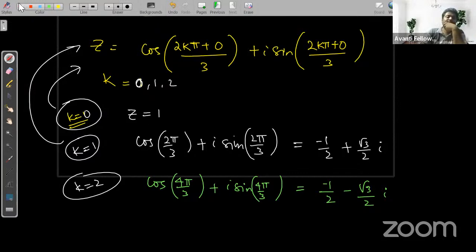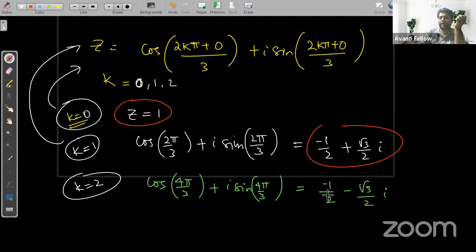Now you got the first root, second root, and the third root by using de Moivre's theorem. Clear or not? Right? Similarly, we can use the Euler's form also. You can use the Euler's form also, you can find all the roots.